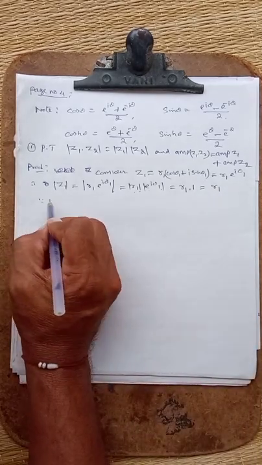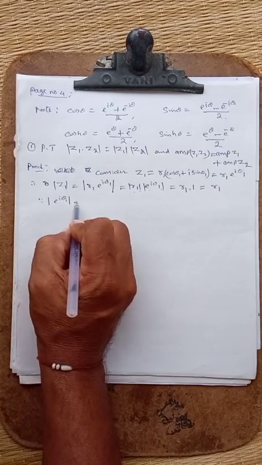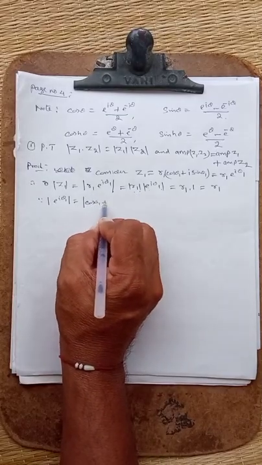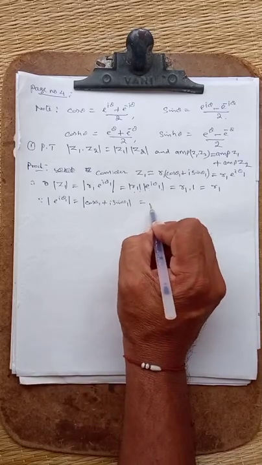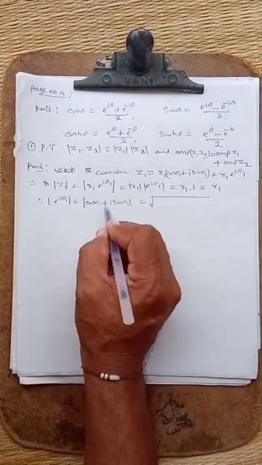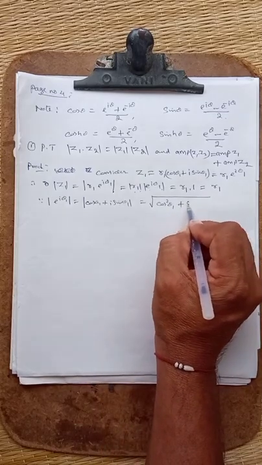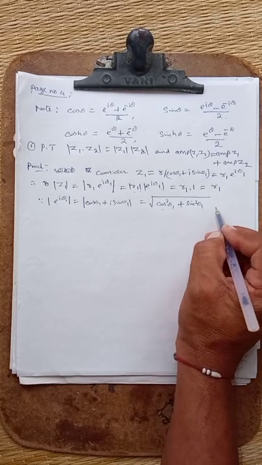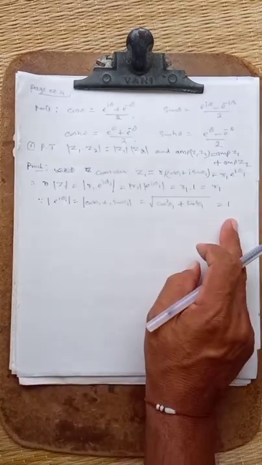This is because modulus of e to the power of i theta 1 means modulus of cos theta 1 plus i sin theta 1, and this is the same as square root of x square plus y square. Cos square theta 1 plus sin square theta 1 means 1. Therefore root of 1 is 1. Is it right?